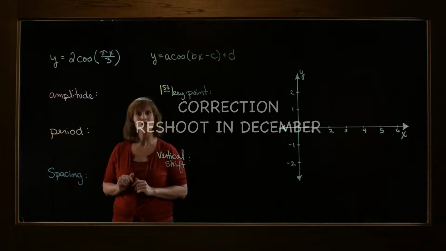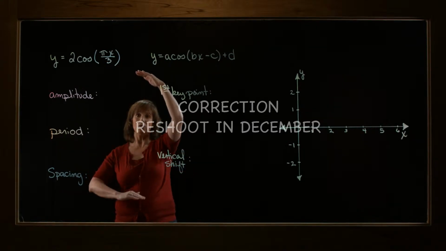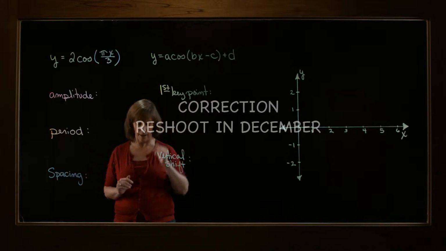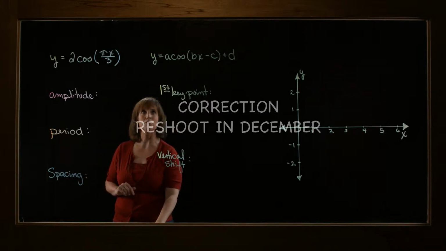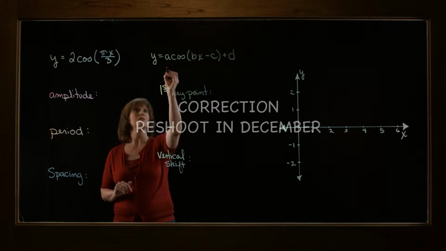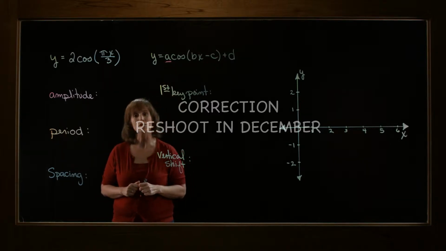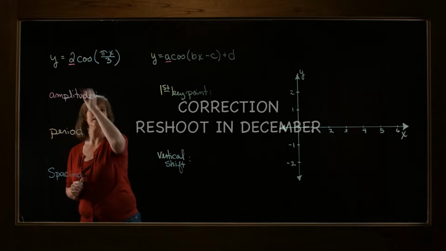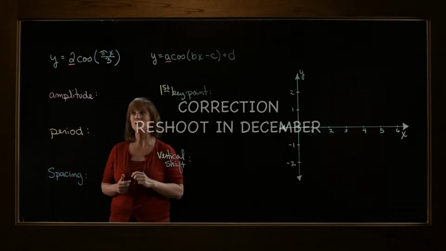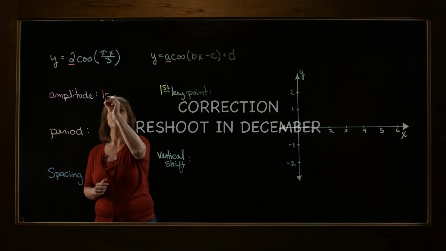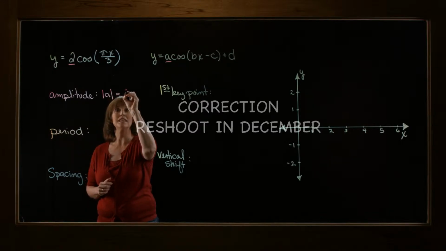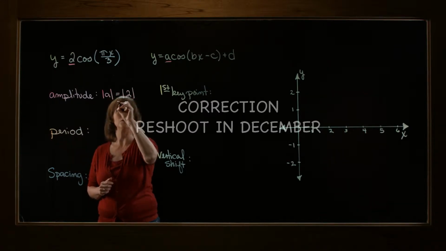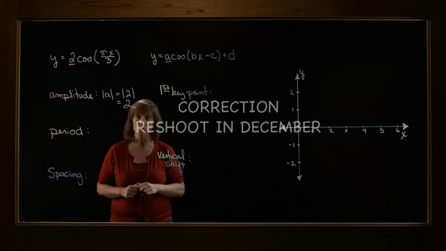All right, so we're going to start talking about amplitude, that either vertical stretching or shrinking. Now, how can I tell what the amplitude is? Well, in a general cosine curve, amplitude is determined by that value A, which in this case is a 2. So the amplitude is the absolute value of that A term, which is the absolute value of 2, or 2.